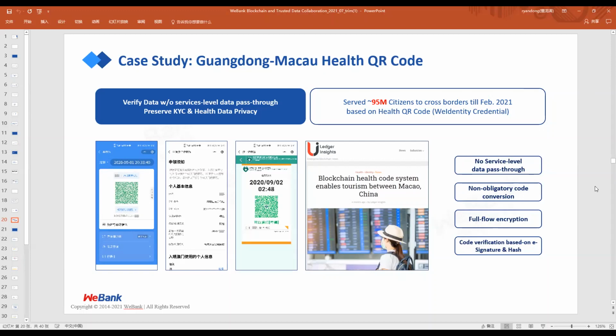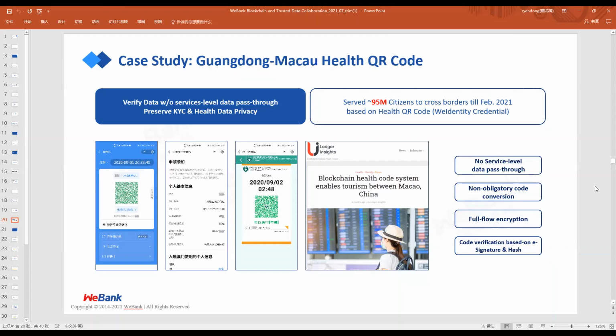In this way, DID works perfectly in this scenario, because remember, DID is an e-passport style identity system. You can carry your data, and other people can verify the integrity of the data and that it is valid and true. We built the system between Guangdong and Macau, and so far close to 100 million citizens have used this technology to cross the border.